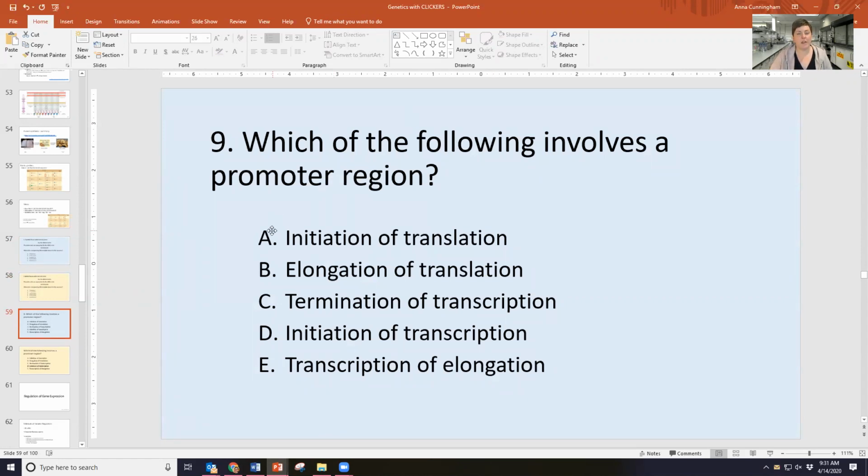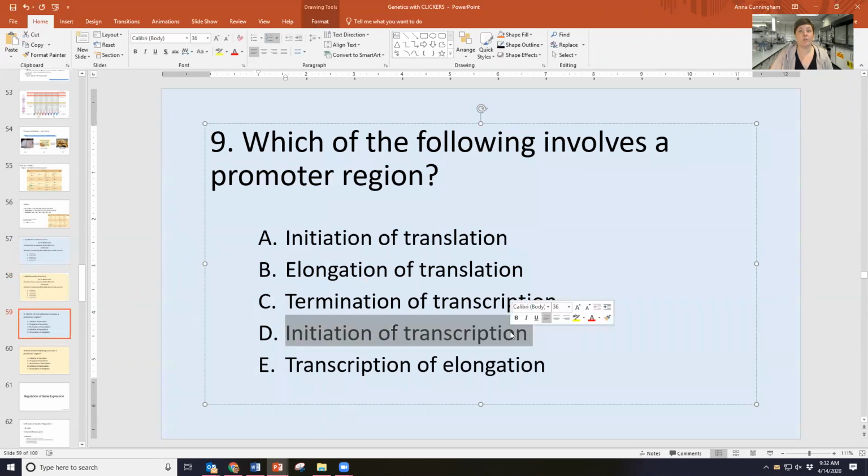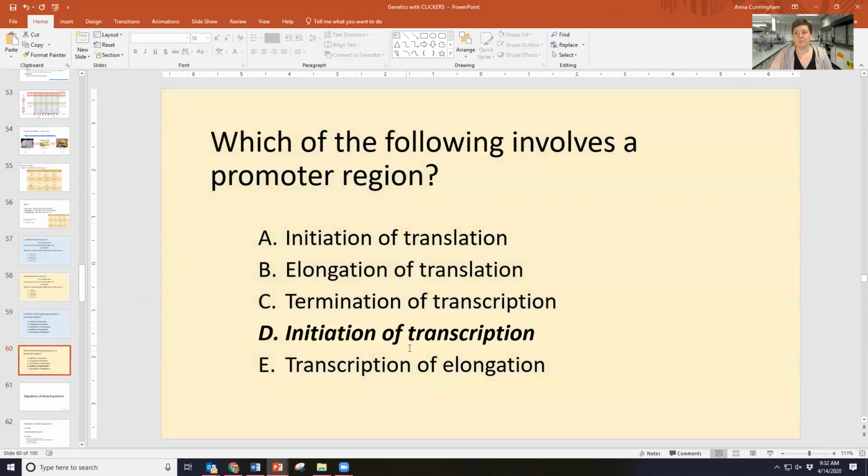Just a reminder that in genes, transcription has a promoter region, and the promoter region is where RNA polymerase binds to start the process. If it's binding to initiate the process, that's going to be transcription.